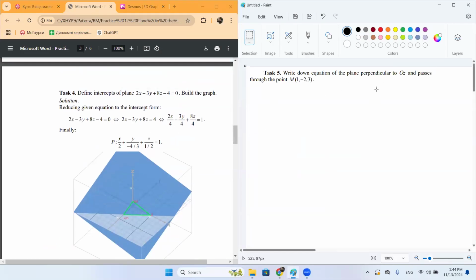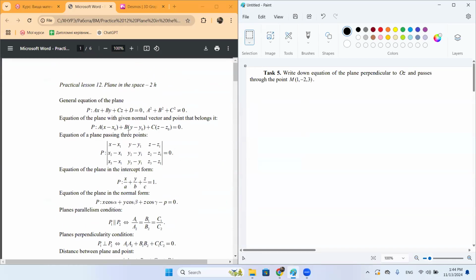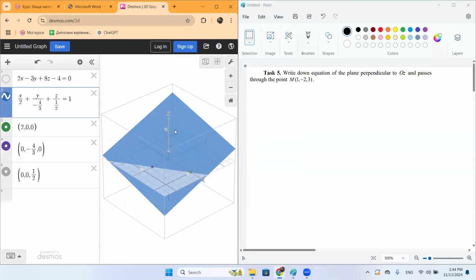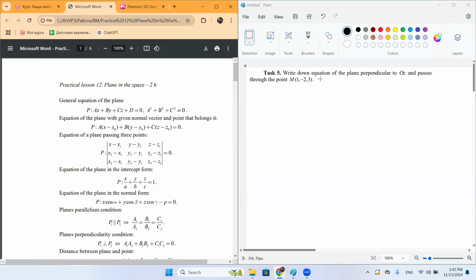So we need to write down the equation of the plane perpendicular to the OZ axis. So it is parallel to the xy coordinate plane, and it passes through the following point M with coordinates 1, -3, and -2 and 3. So we have the point, and we need a normal vector. And how to find it?